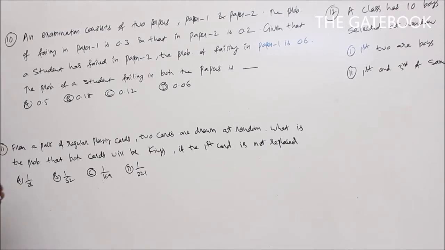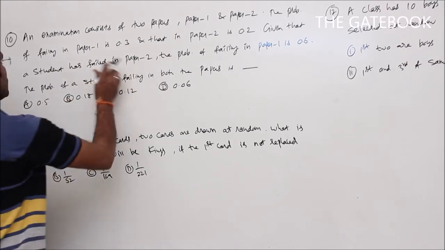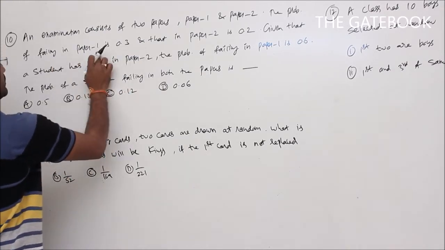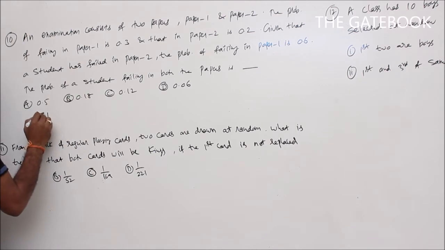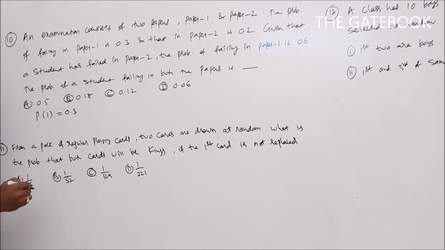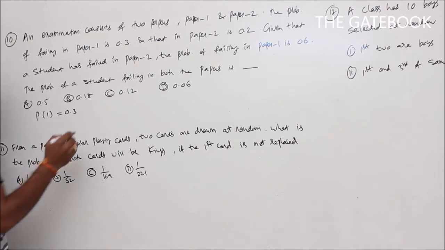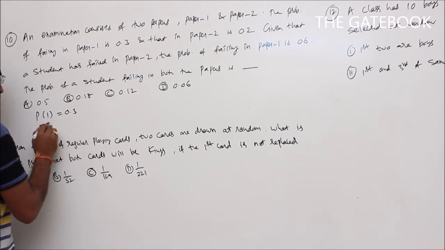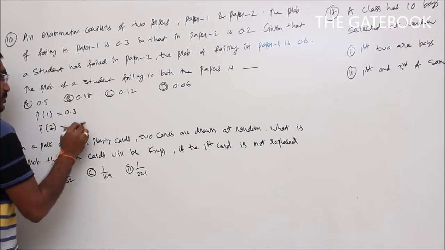It is given that the probability of failing in paper 1, P of 1, is 0.3, and that in paper 2, P of 2, is 0.2.